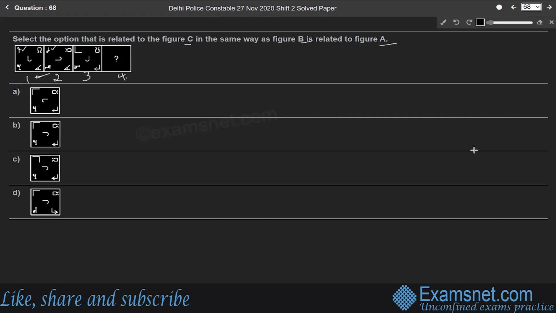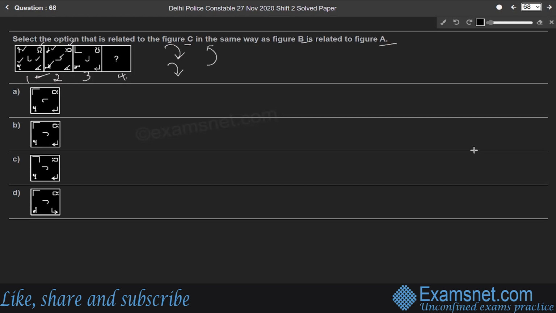And the shape in the upper right corner is rotated by 90 degrees in clockwise direction. And also the shape in the bottom left corner is also rotated by 90 degrees in clockwise direction. Whereas the shape in the center is rotated by 90 degrees in anti-clockwise direction.